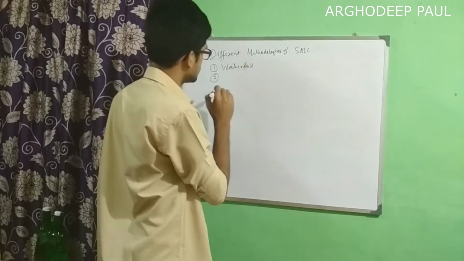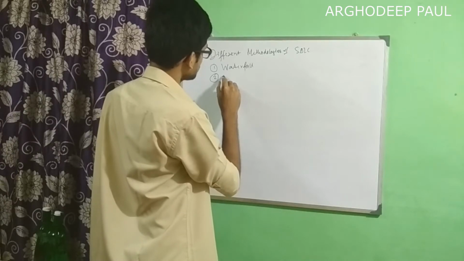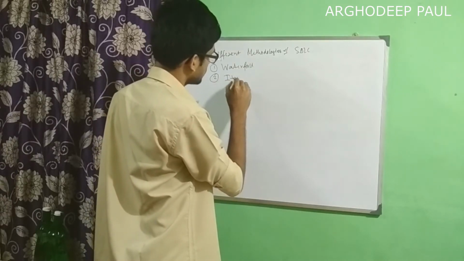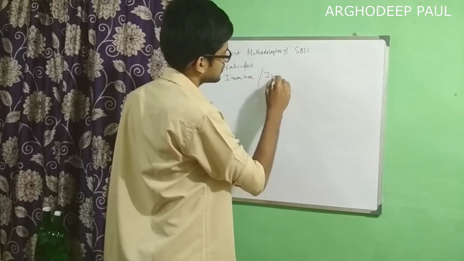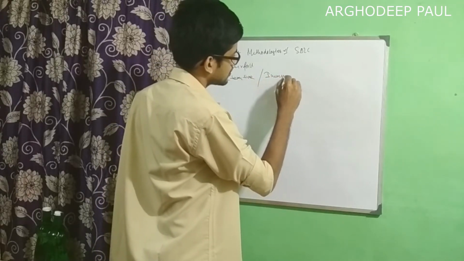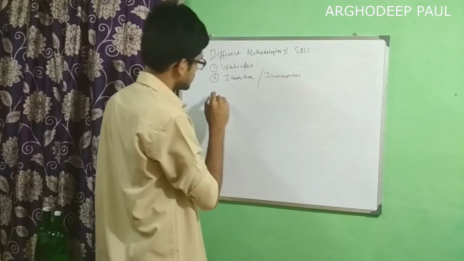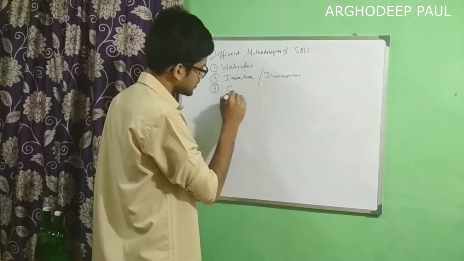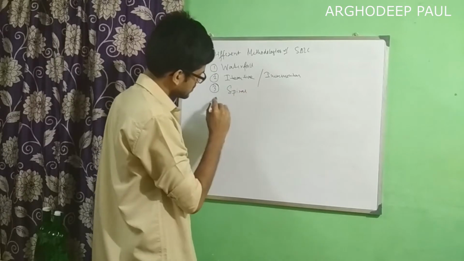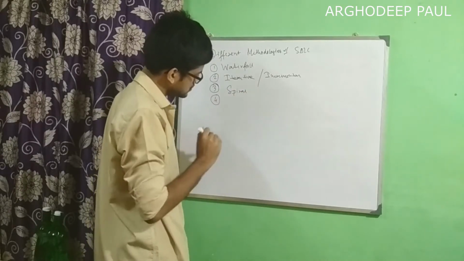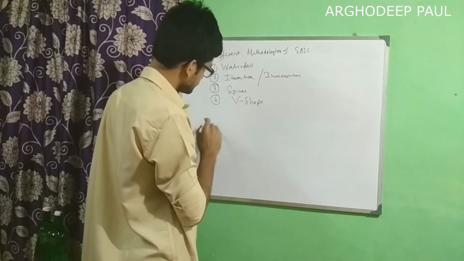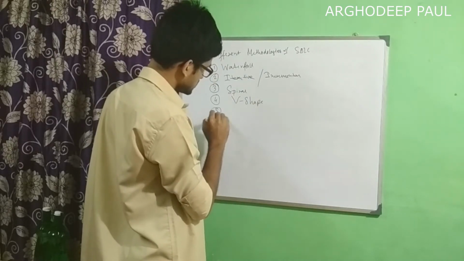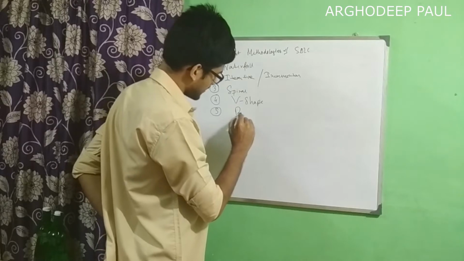Second one, iterative or incremental. Third one, spiral. Fourth, V-shape. Fifth is Big Bang.